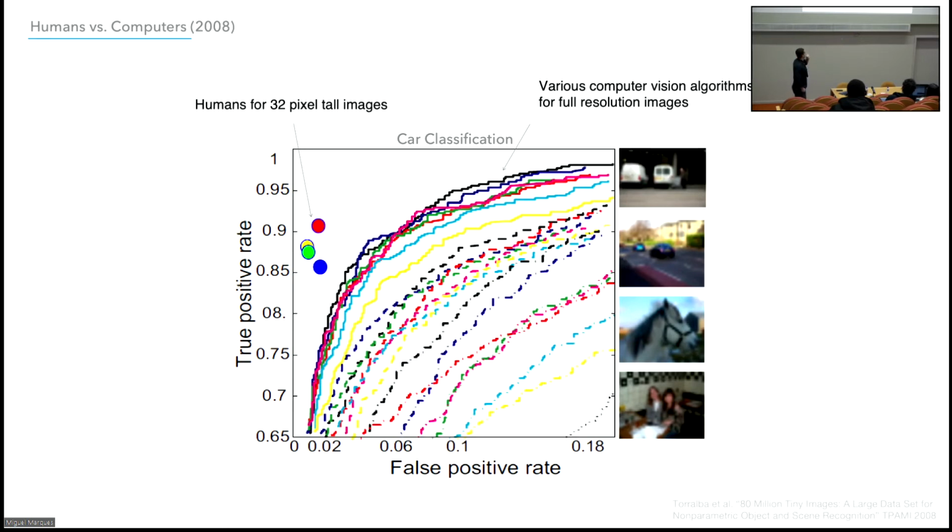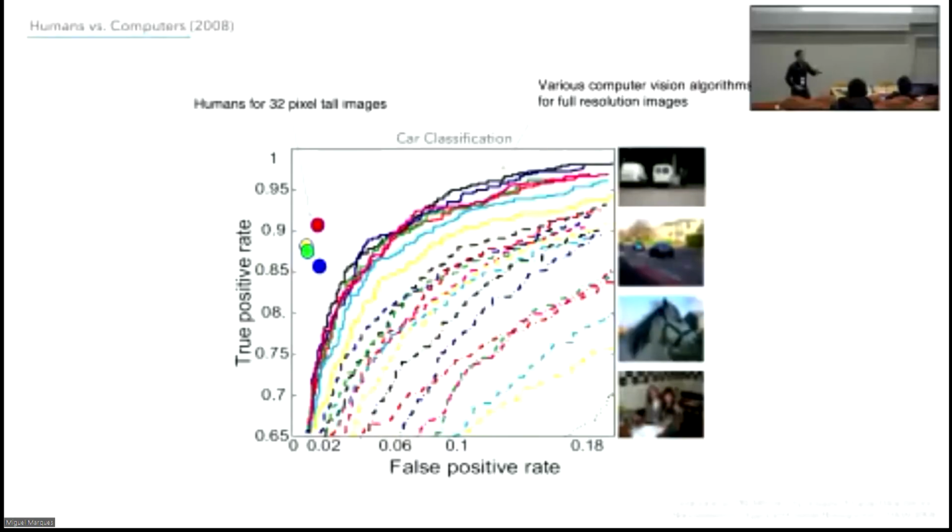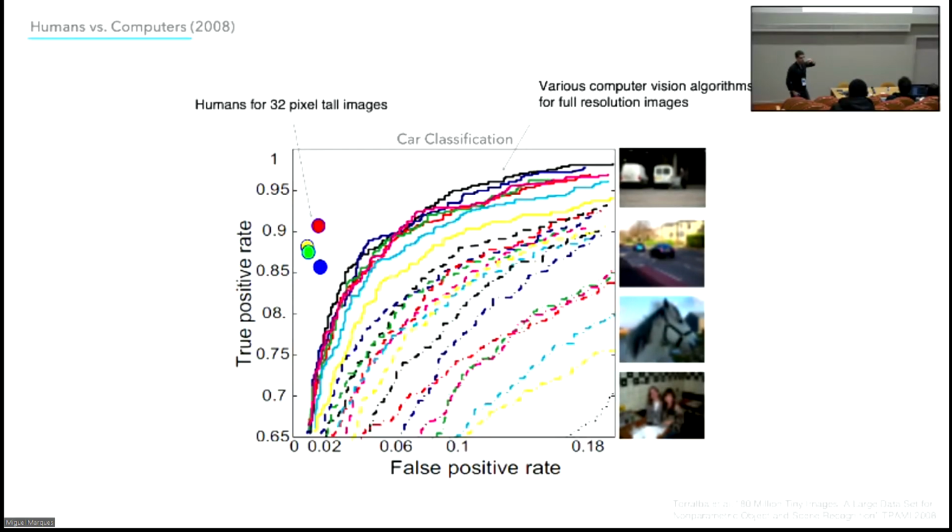Right? What are those circles over there? Persons. So one person that is doing image classification. We have 4 persons there. They were shown many images, and this is their performance. So in 2008, humans were much better, I would say, than computer vision algorithms, right?